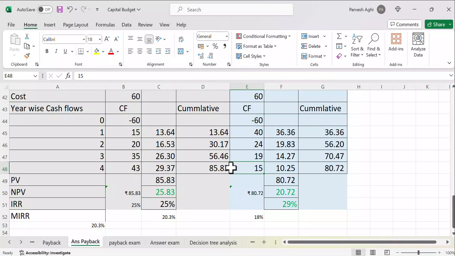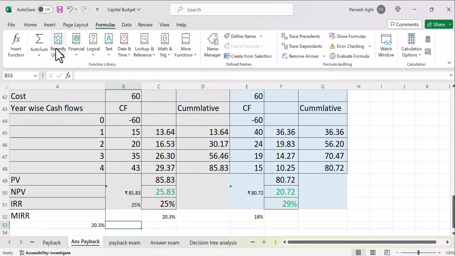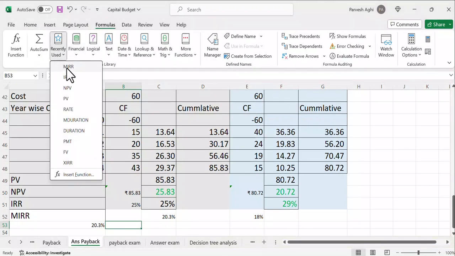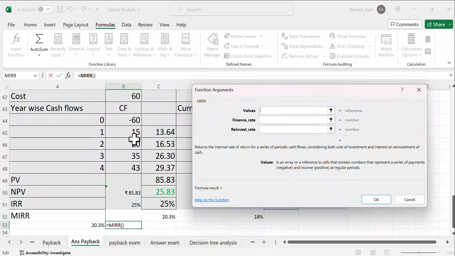For example, let's look at it again. I go back to the formula and go to MIRR, and choose the entire values again. Now suppose the finance rate is 12%. For the reinvestment rate, suppose I am not going to deploy this money and put it in a fixed deposit, and I get 7%.